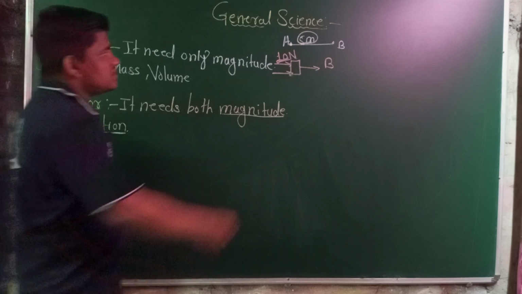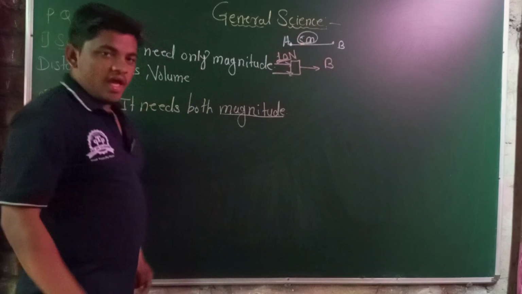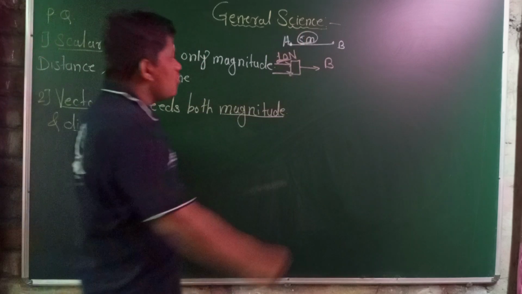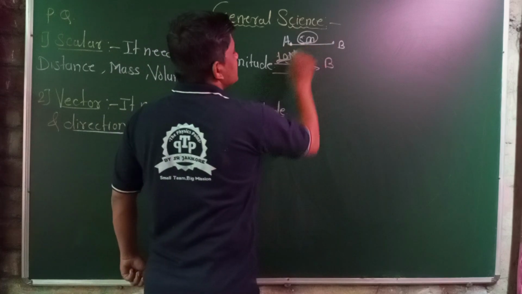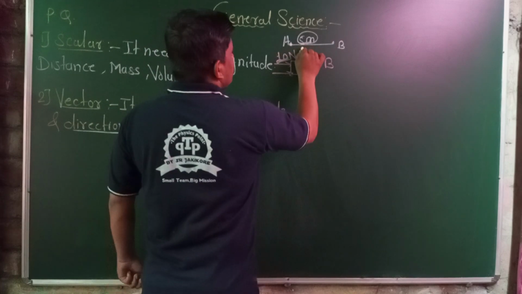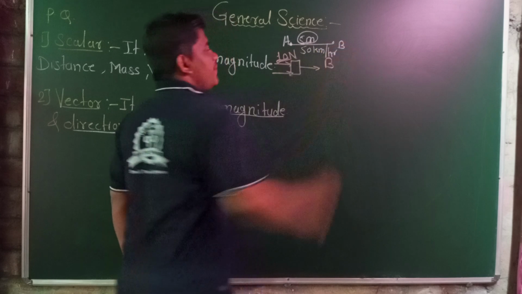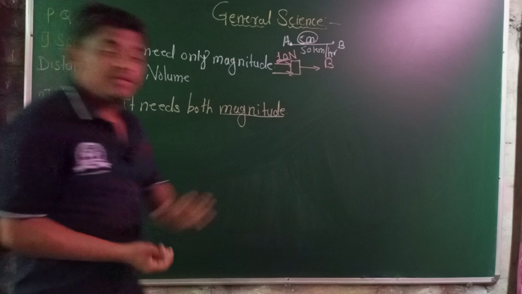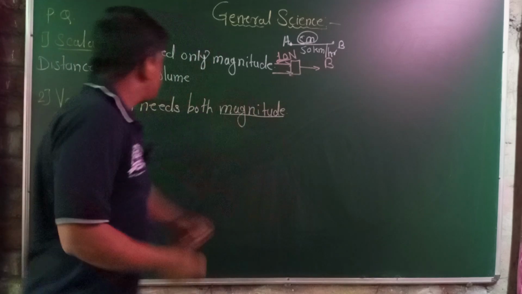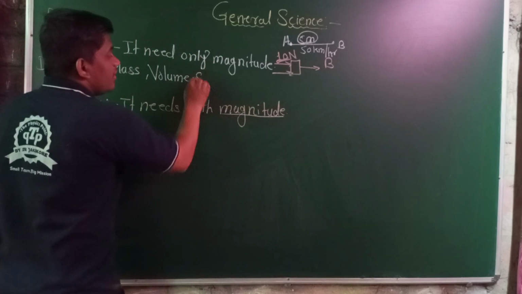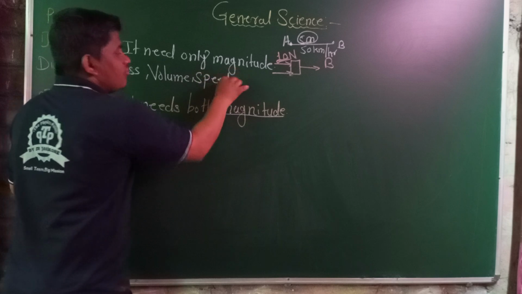A vehicle is situated at point A and starts moving towards B with a certain speed, that is 50 kilometers per hour. The speed of that particular vehicle is 50 kilometers per hour. This is the speed, and speed is also a scalar quantity.